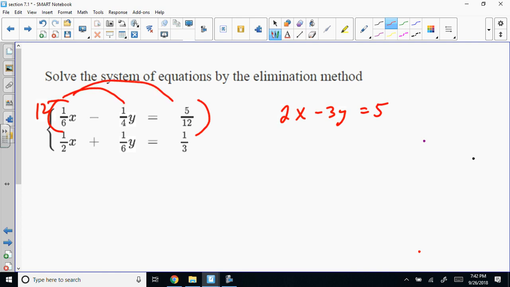And looking at the bottom, I have 2, 6, and 3, right? Well, shoot, I'm going to multiply that thing by 6, right? And that gives me 3x plus y equal to 2. Now, that's a whole lot prettier than that convoluted thing that they gave us to begin with, right? There you go.